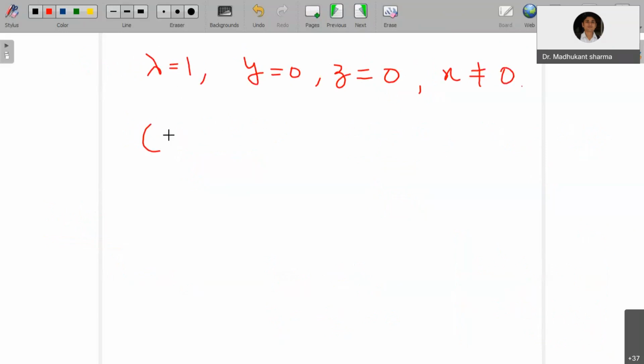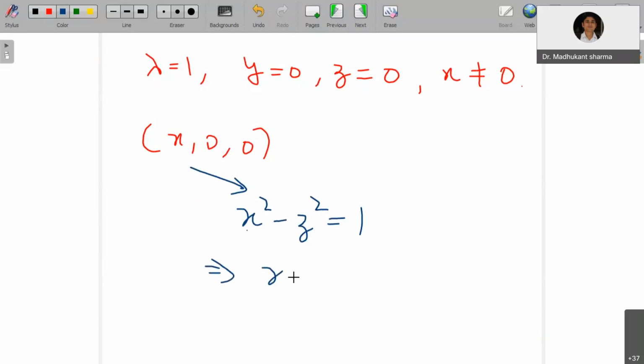So you are seeking the point (x, 0, 0) on the surface. It should satisfy the surface equation x square minus z square equals 1. With z equal to 0, this implies x square equals 1, and that gives x equals plus or minus 1.